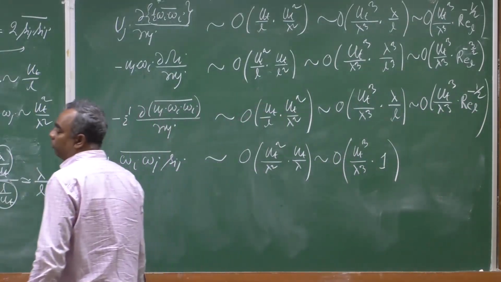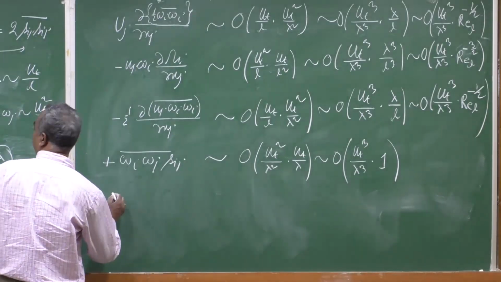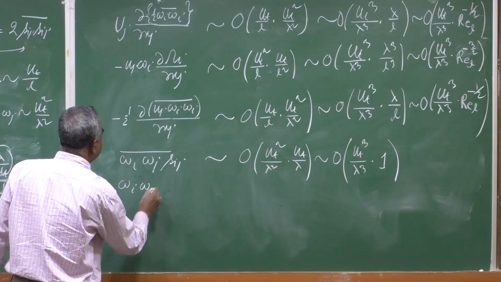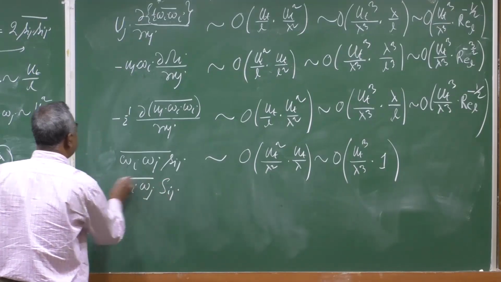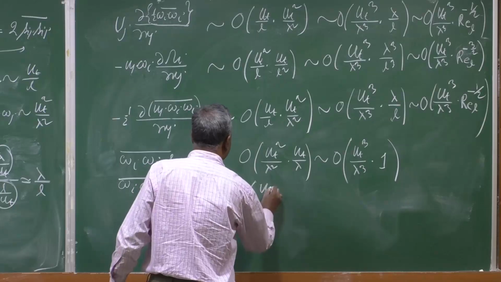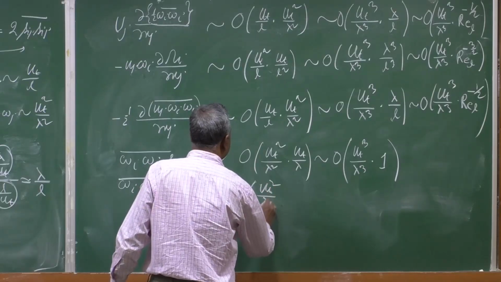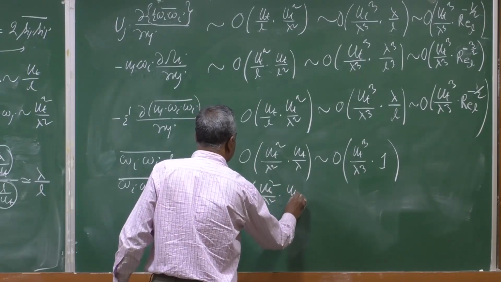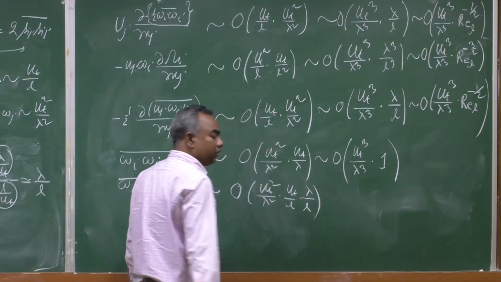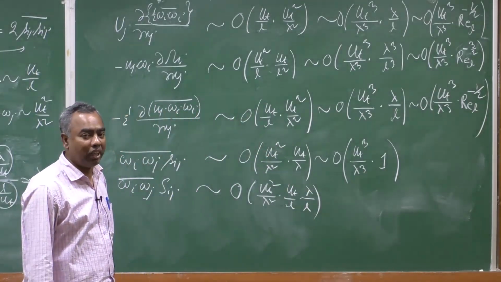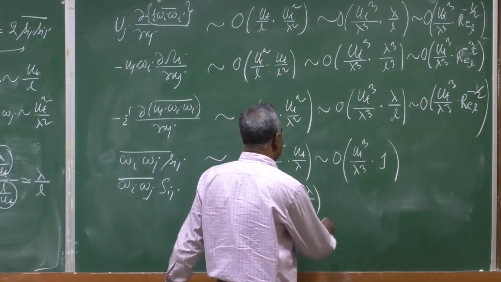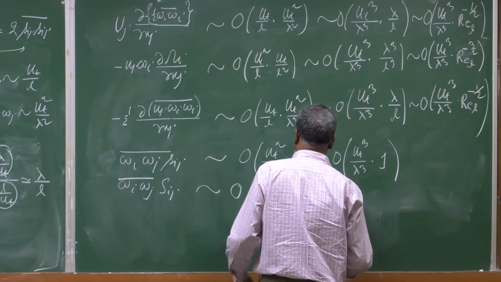And what about the next term, which we have already done. So, the next term is your omega_i omega_j capital S_ij bar. So, we have already argued that this is going to be u_t square by lambda square into u_t by L, into that length scale time scale ratio which needs to be multiplied because their frequencies are way apart, to find the actual order of magnitude of this particular term.